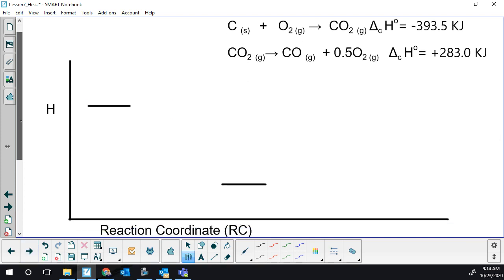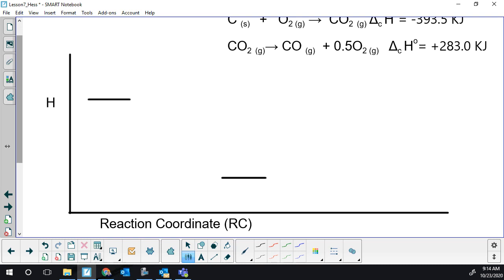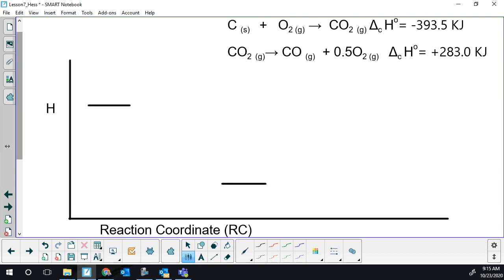So we've got a chemical potential energy diagram, reaction coordinate on the bottom, I rarely write that out. On quizzes, if you put RC, that's fine. On your AP exam, you should write out reaction coordinate. Enthalpy is my responding variable axis, and I've got those two equations that I added together.